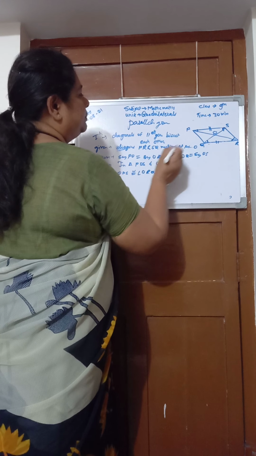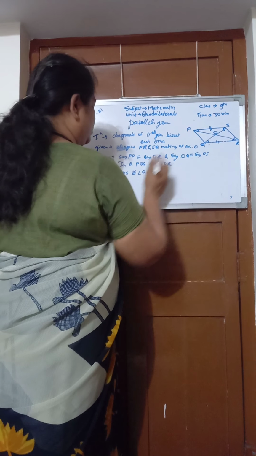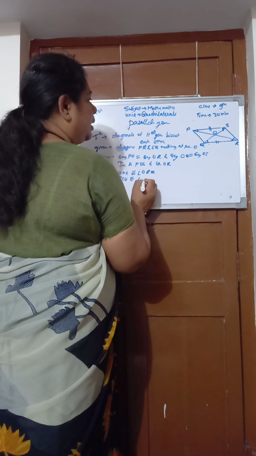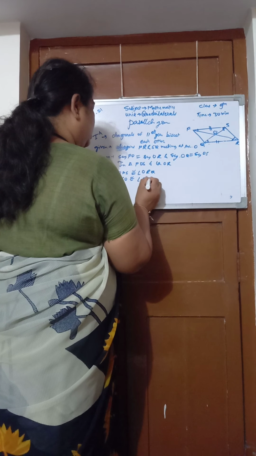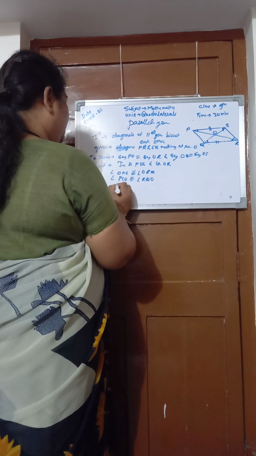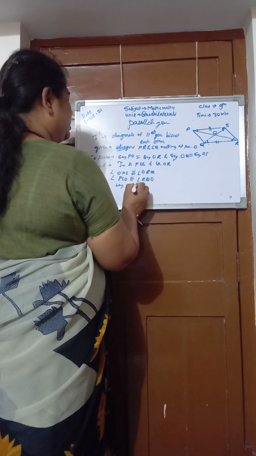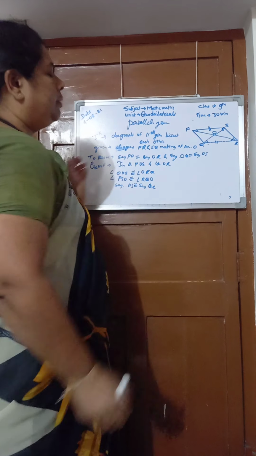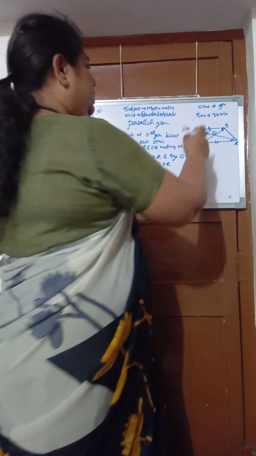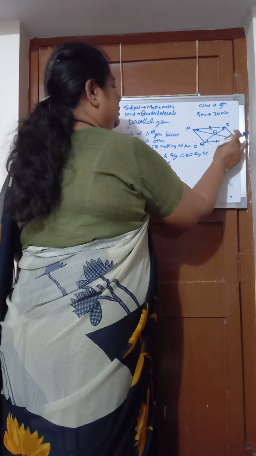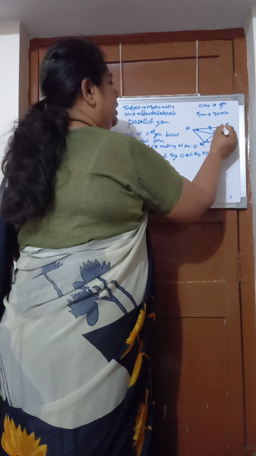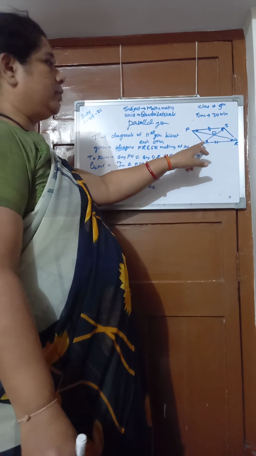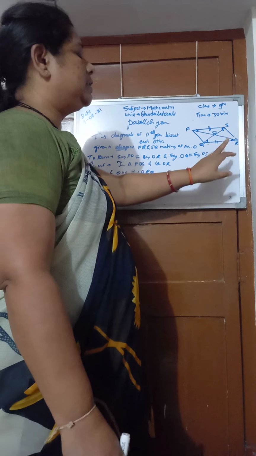Similarly, angle PSO congruent angle RQO. Okay, and segment PS congruent with segment QR. Got it up to this? What we have to consider here? These two angles, this angle and this angle are congruent. Similarly, this angle and this angle are congruent. Okay, these two angles are congruent, and PS is equal to QR as it is a parallelogram.